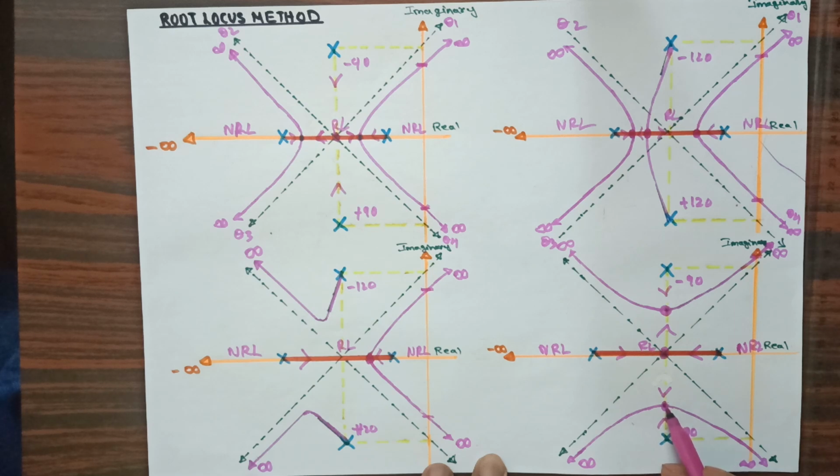When they meet at this point, one root will come out left hand side and another root will come out right hand side. Then this root will observe this angle and try to move towards infinite destination, whereas this pole, looking into this intersection with imaginary axis and angle, has moved towards infinite destination.